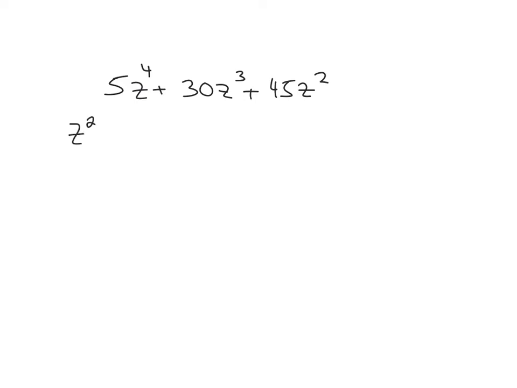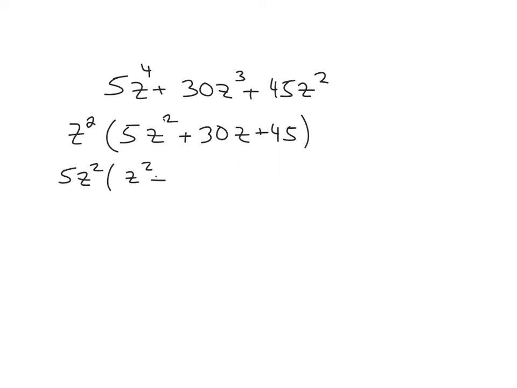So I'm going to take a z squared out, and that's going to leave me with 5z squared plus 30z plus 45. But I also want to go the extra mile and see that they're also divisible by 5. I could take a 5 out too. So I have 5z squared, and then z squared plus 6z plus 9. Now that's a lot easier to do my AC method on.